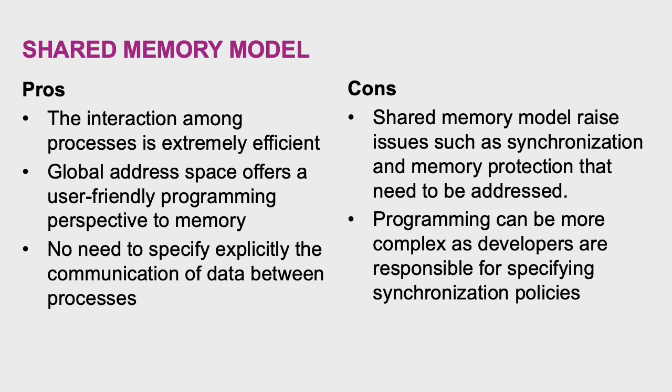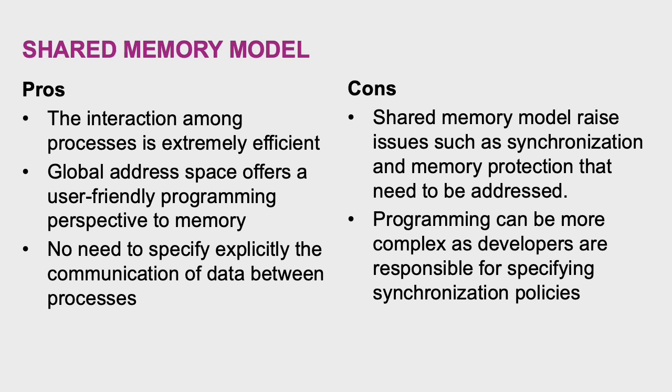Pros and cons of the shared memory model. Well, first of all, clearly enough, the interaction among threads is extremely efficient because it is based on shared memory. So accessing a resource is the only thing you have to do. You have no more overhead. So it is a highly efficient mechanism.